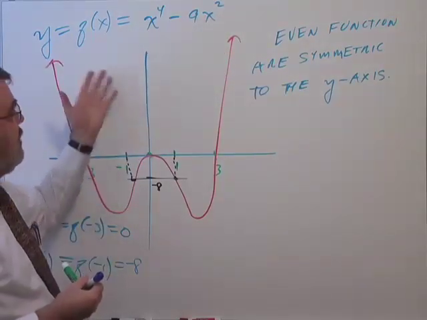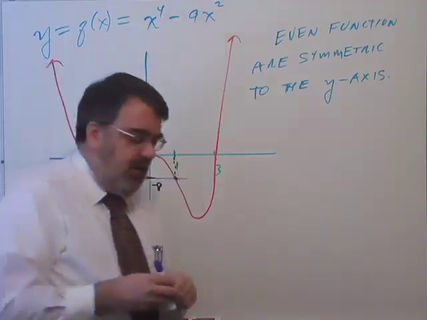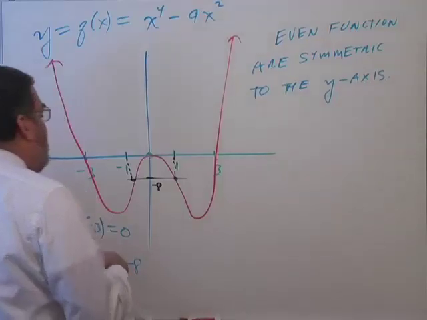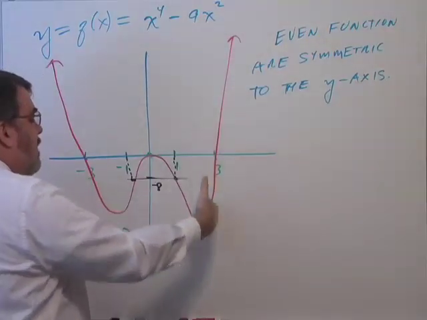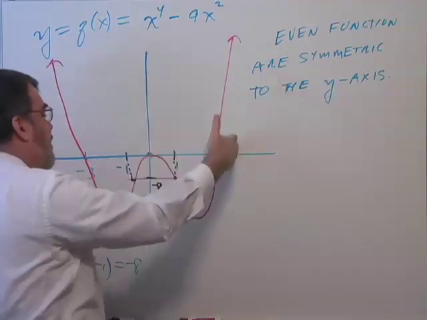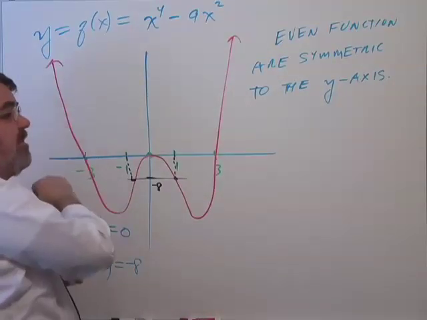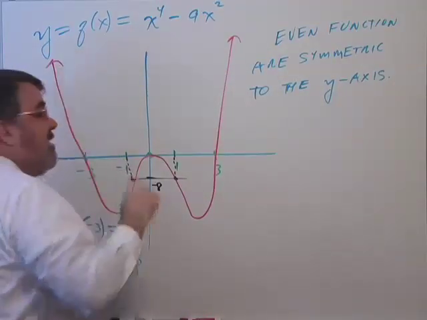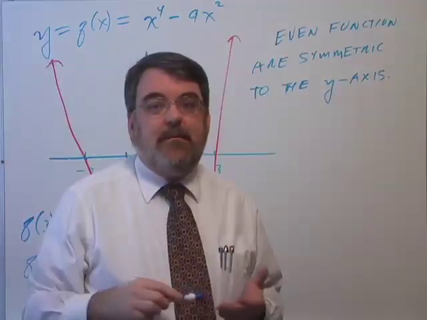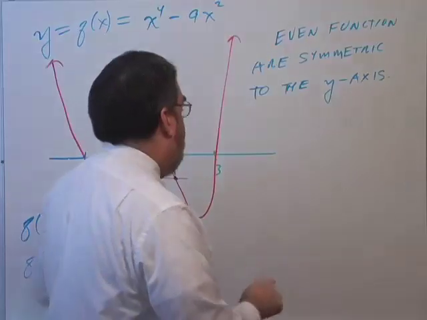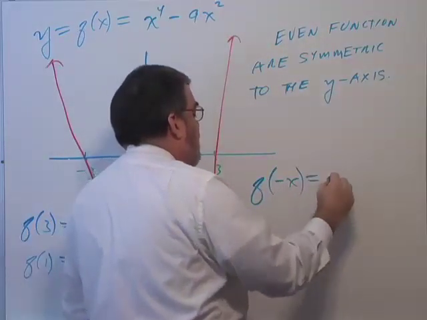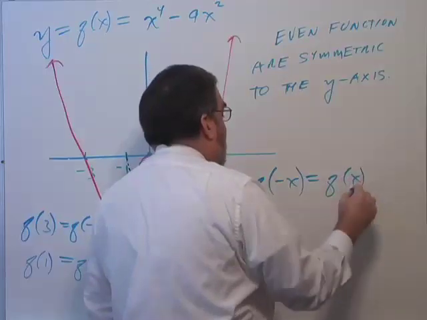If I plug in -2, I should get the same result. So here's what we're going to see: whenever you travel to one side of the graph and plug that x value in, no matter where you go, if you travel to the opposite side of the graph, the same distance, and plug that number in, you get the same y value. Now, what does that mean in terms of the algebra? It means that f of negative x equals f of positive x.